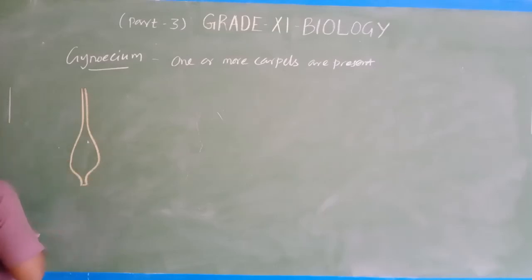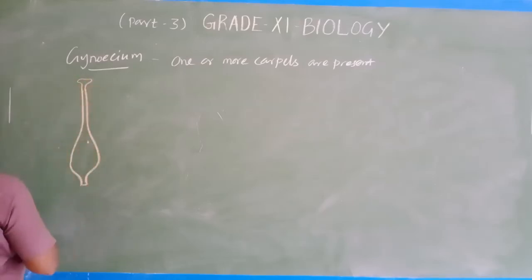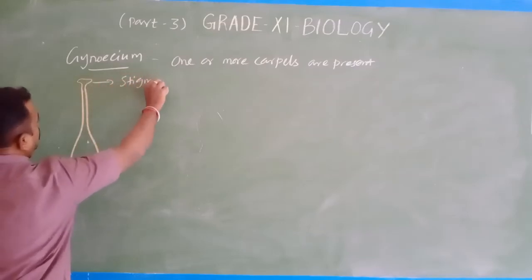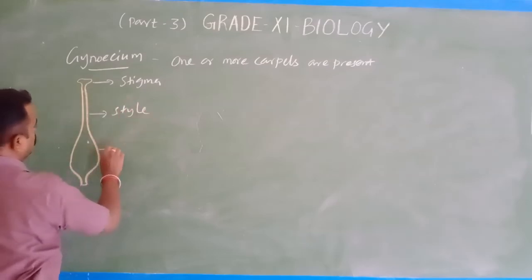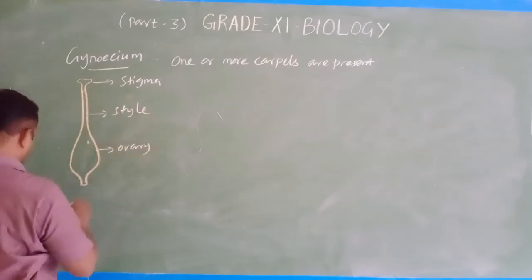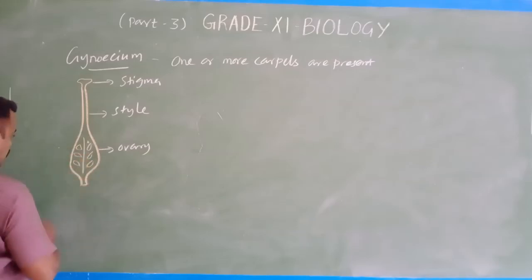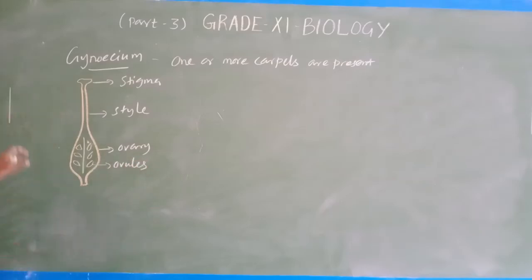It consists of three parts: stigma, style and ovary. Inside the ovary we have ovules. So this is one carpel.